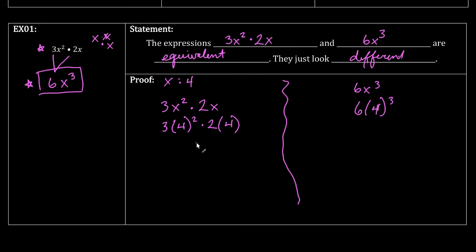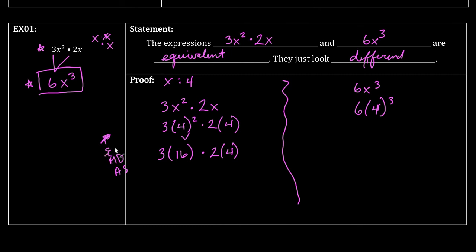All right, so remember, we always do order of operations. Everything inside of this parenthesis is already done. So let's look for exponents next. So 4 to the 2nd power is 16. We're going to multiply that by the 3 times 2 times 4.